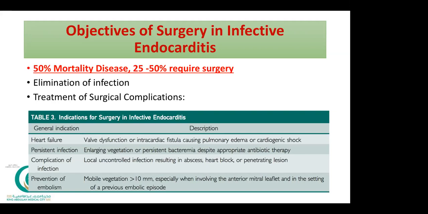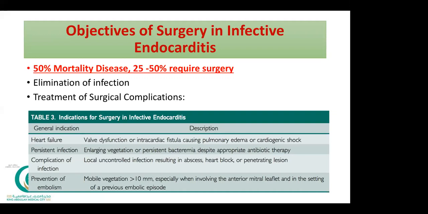If you have persistent infection, this is less urgent than heart failure, because you need time to prove that it is persistent infection. You need to give them the appropriate antibiotics for a good time, at least a week. So enlarging vegetations or persistent bacteremia despite appropriate antibiotic therapy is a class 1 indication for surgery.